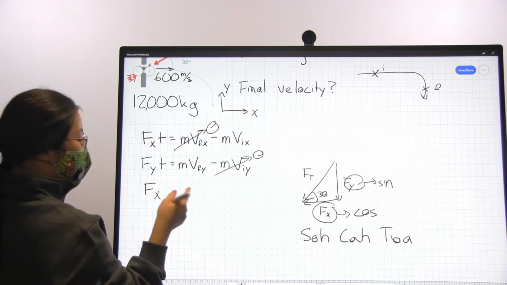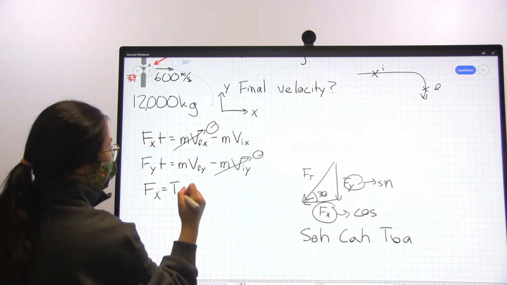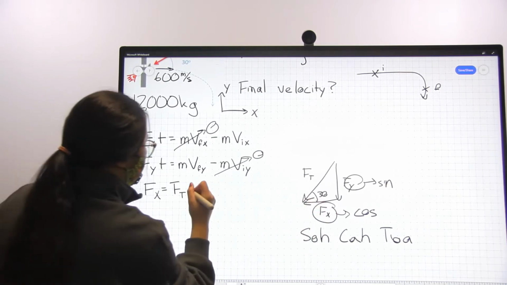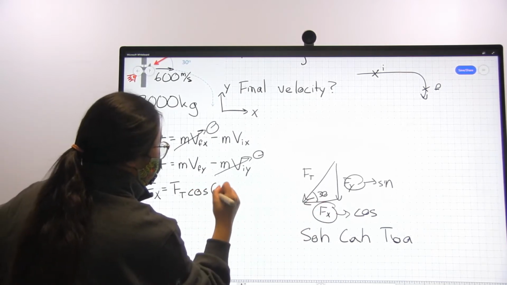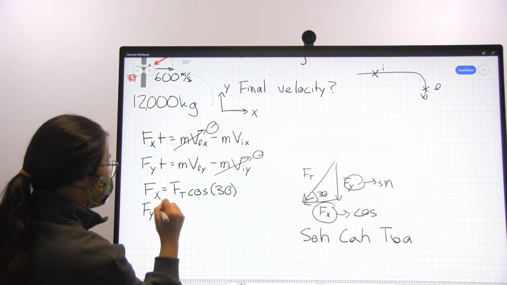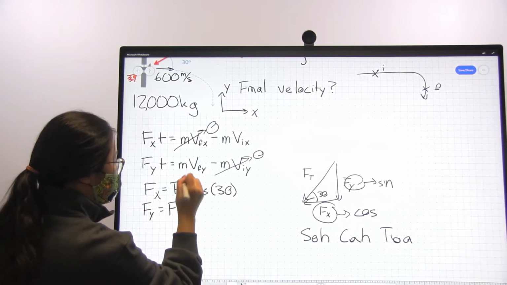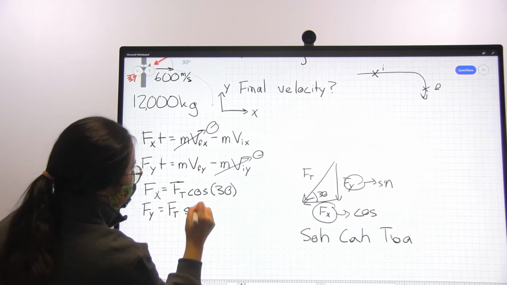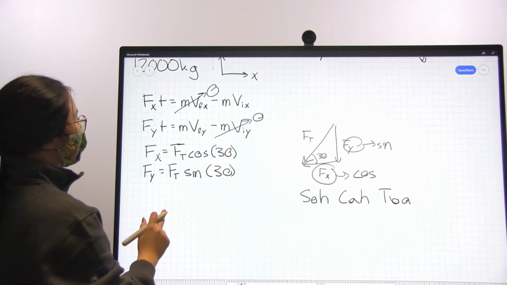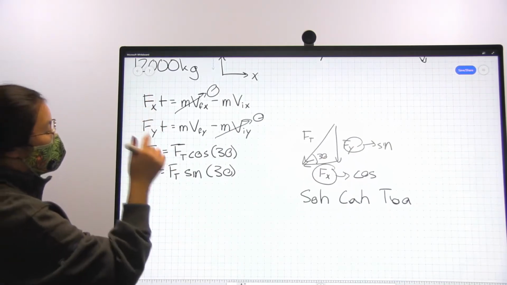So now F_x is equal to F_t times cosine of 30 degrees. And our F_y is equal to F_t sine of 30 degrees. Okay? And we're going to substitute that back into our equations.